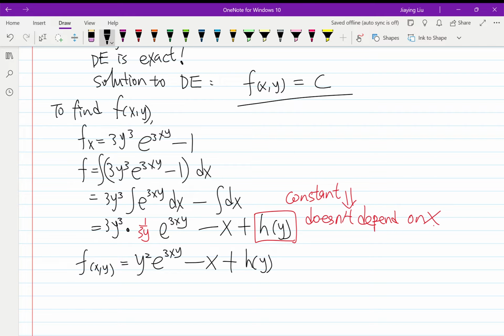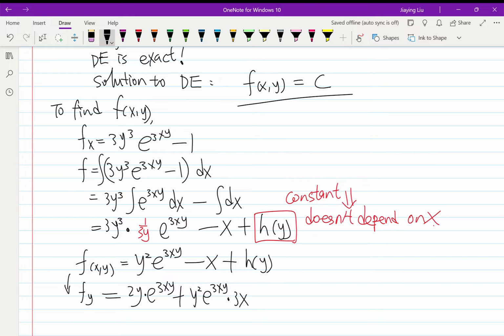We can try to find it by using the N there, the f sub y. If we use that, let's take this function and find the partial derivative f sub y. We're going to have to use the product rule. I'm going to do it quickly, but definitely check my work. So product rule on the first term is the derivative of y squared, that's 2y, times e to the 3xy, plus y squared times the derivative of e to the 3xy, that's e to the 3xy times 3x.